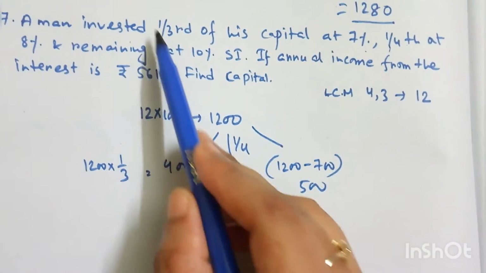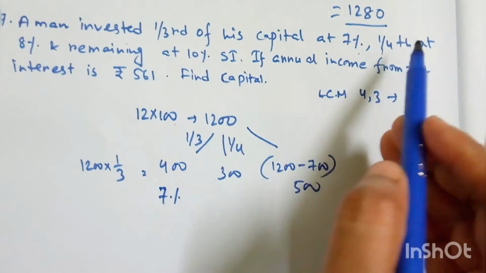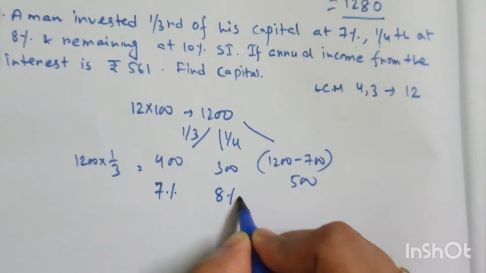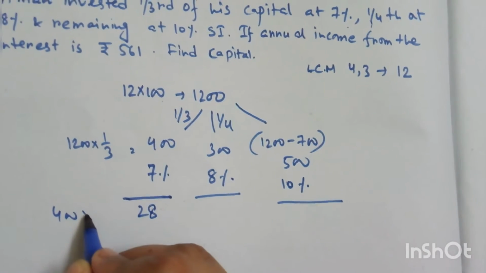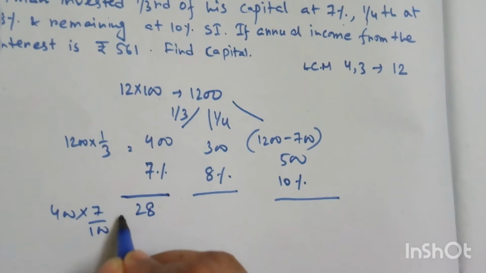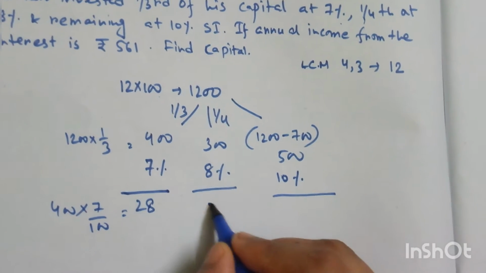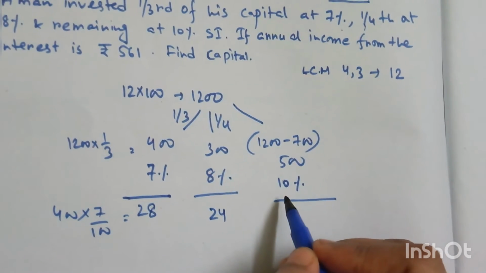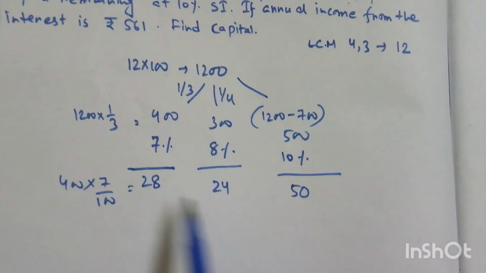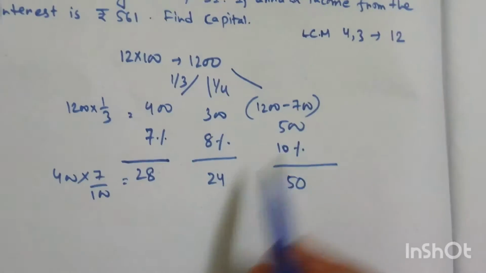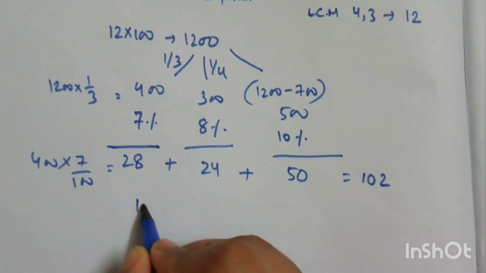So he invested 1/3 of his capital at 7% and 1/4 of his capital at 8% and the remaining at 10%. So 400 into 7% is 28. Likewise 300 into 8% is 24 and 500 into 10% is 50. So these are the interest from each section. If we add these, this is the total interest.